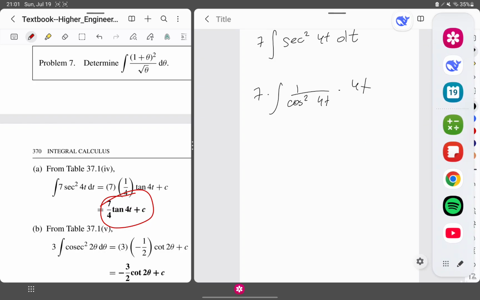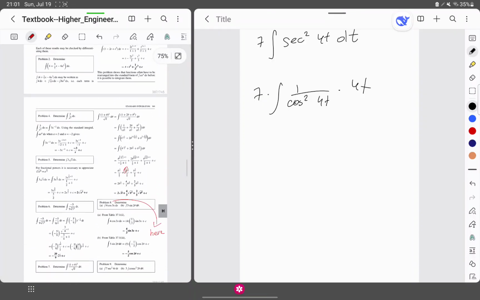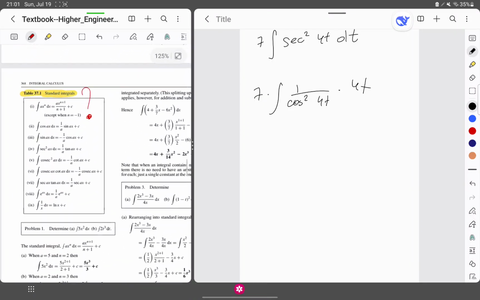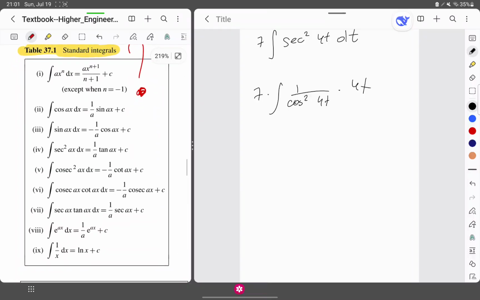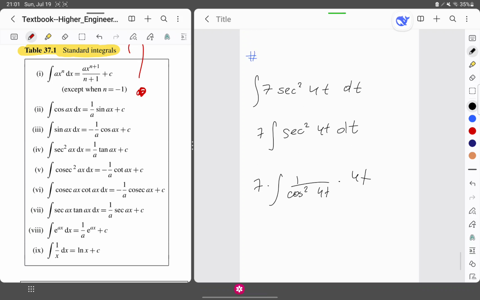Okay, let's check this one. It's on the table, actually. Where's the table?